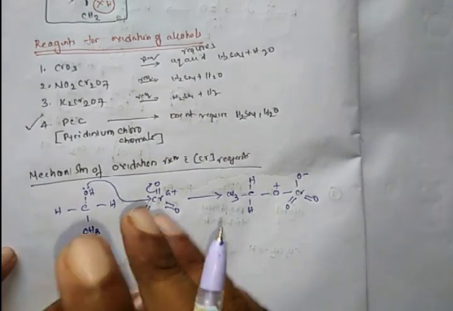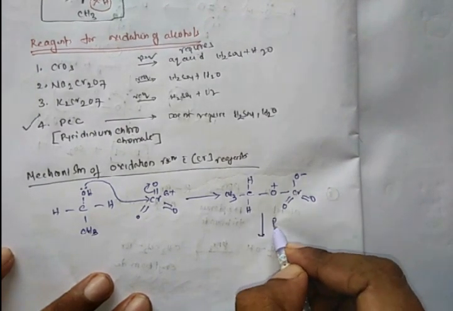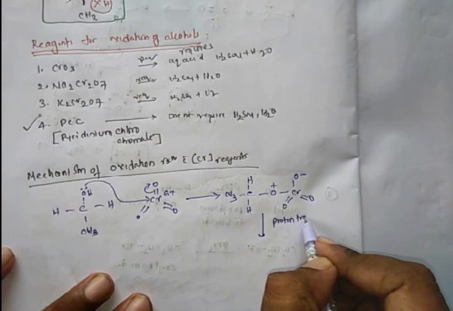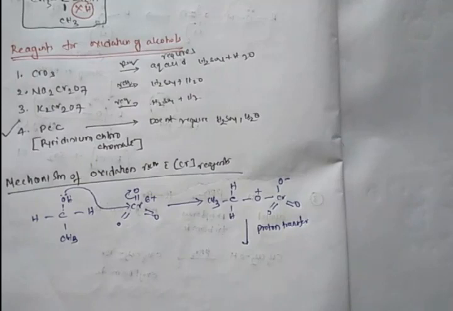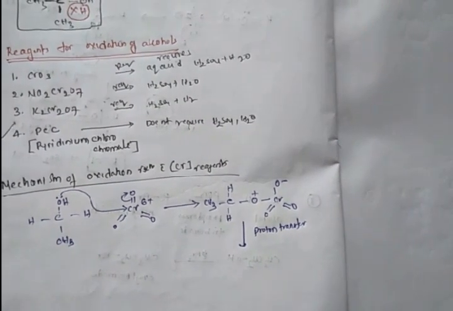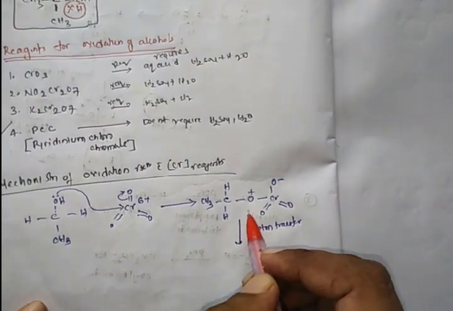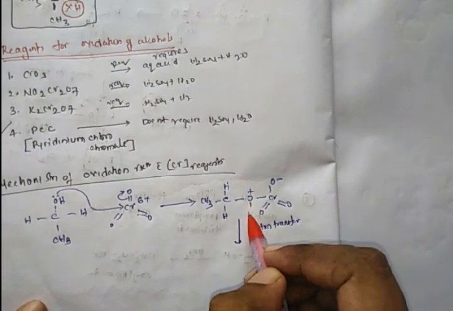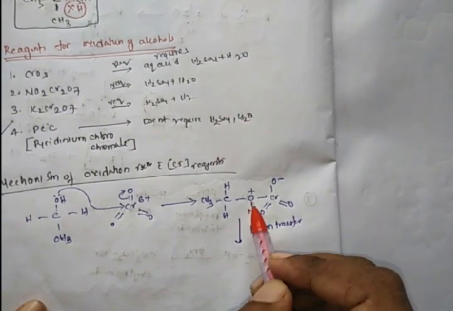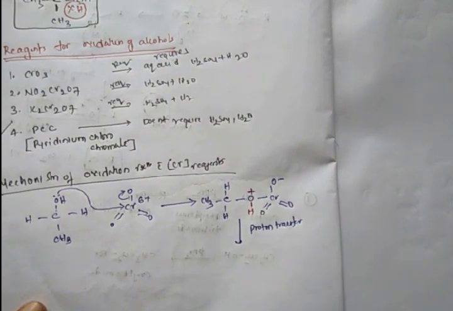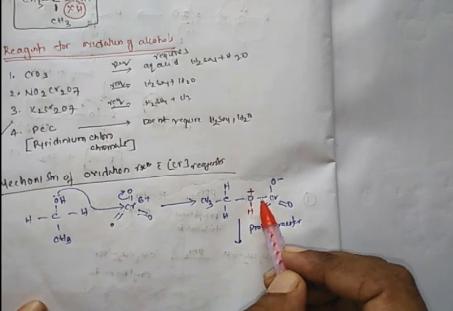Then a proton transfer reaction occurs. The oxygen here has a positive charge, but oxygen already has 2 bonds.